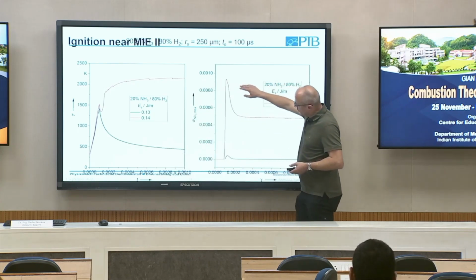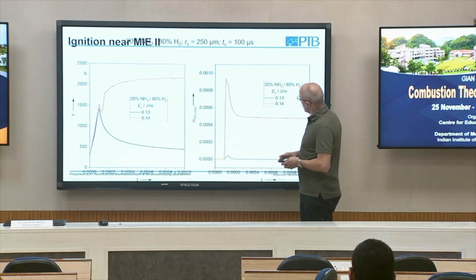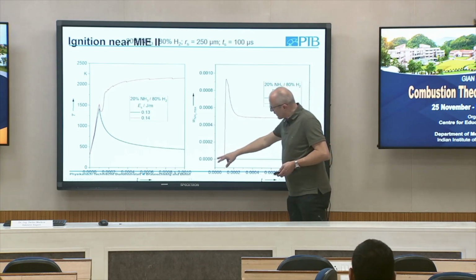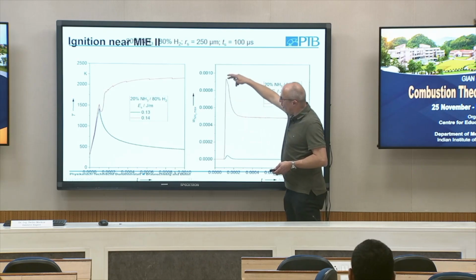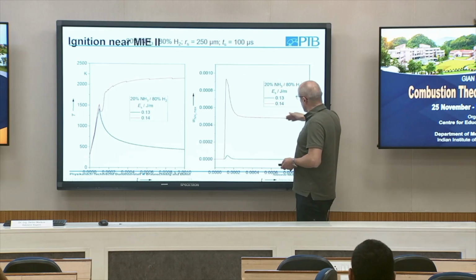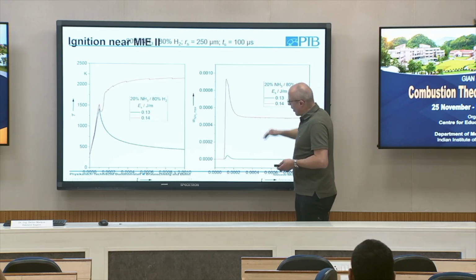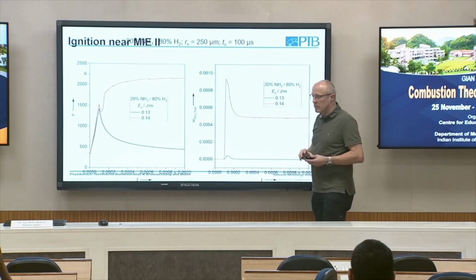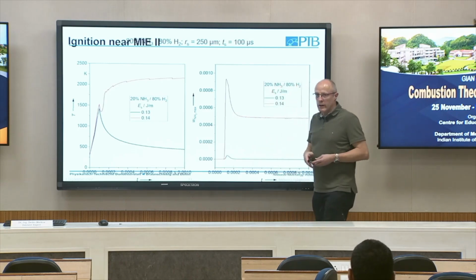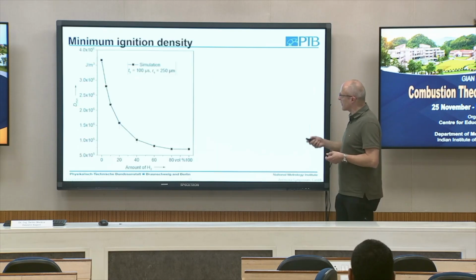And you see it more clearly here at, for example, the NH2 radical. In case of ignition, we produce a lot of this NH2 radical, and here we see the amount we have in the flame front. In case of no ignition, we produce nearly no NH2, and of course no ignition has taken place.